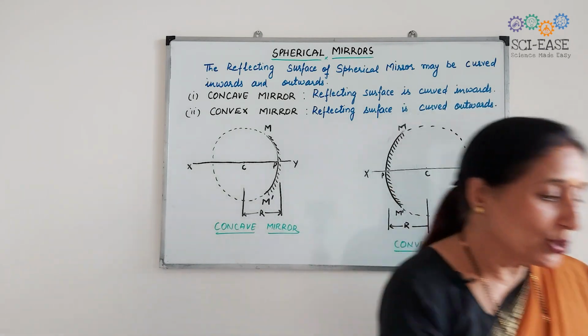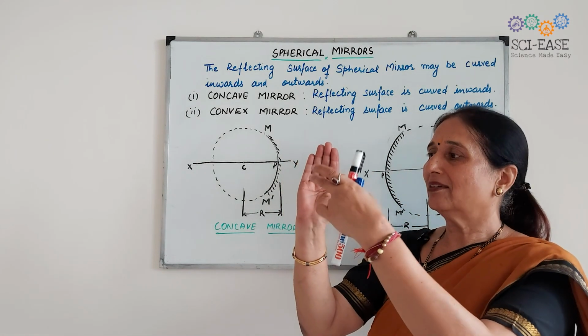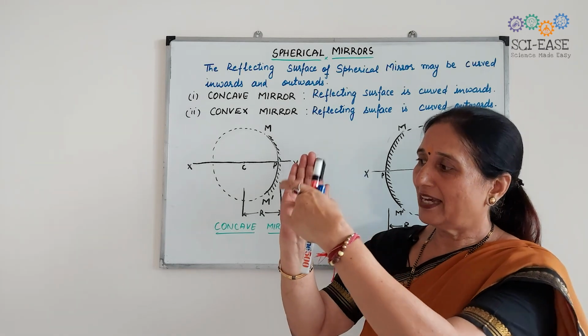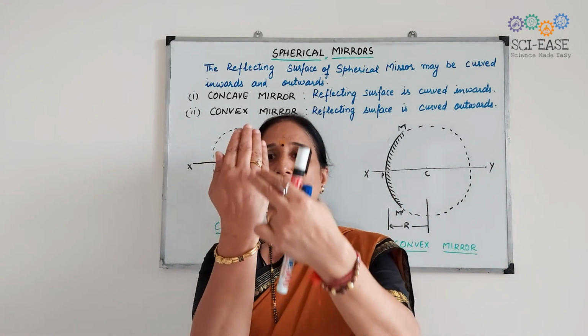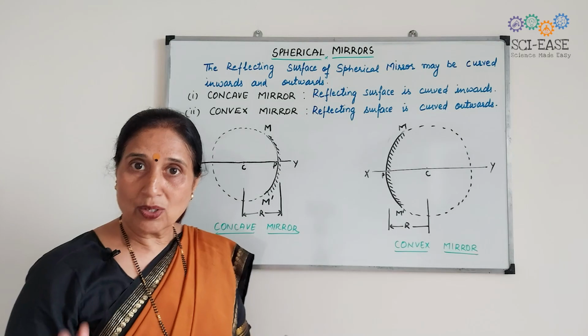So when reflection takes place from here, it is a concave mirror, and when the reflection takes place here, it is the convex mirror.